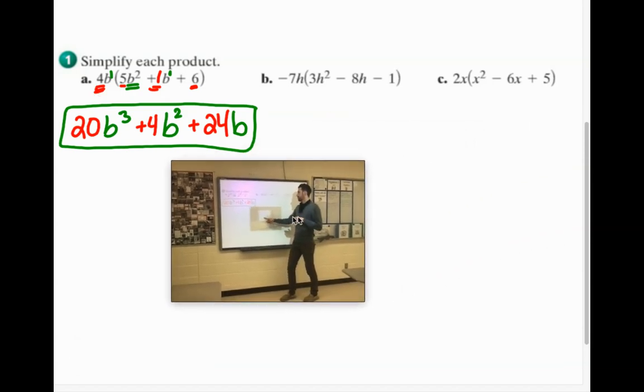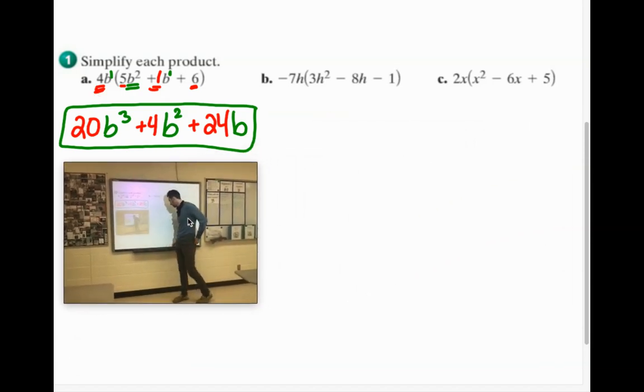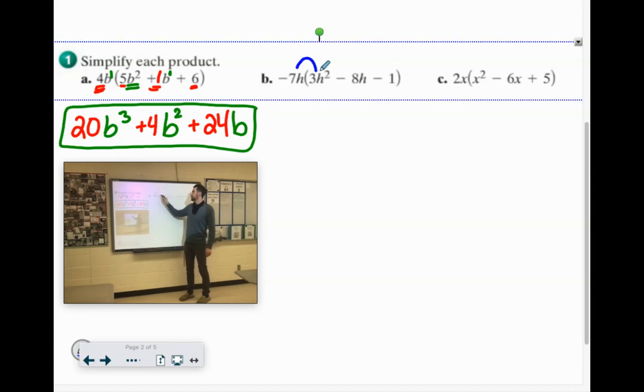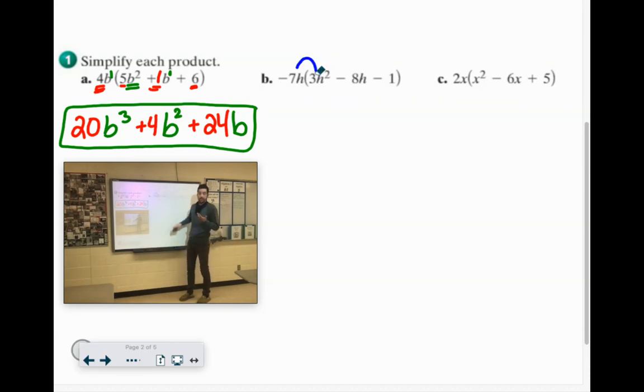All right, over there. So negative 7h times 3h squared. We're multiplying the numbers in front by negative 7, and we're putting one more h on each one of these. So negative 7 times 3 is negative 21. h times h squared would be h to the third.